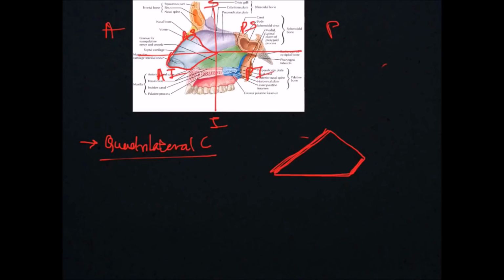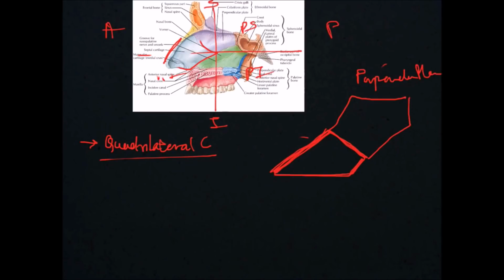The antero-superior border forms the dorsum of the nose and thereby supports the nose. If there is damage to this cartilage, it will lead to saddling of the nose. The postero-superior border articulates with a bone arising perpendicularly from the ethmoid, termed the perpendicular plate of the ethmoid bone.